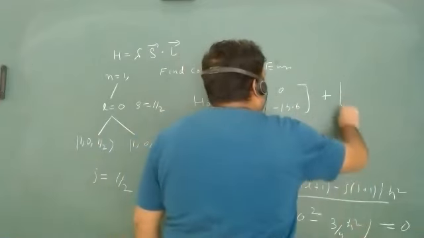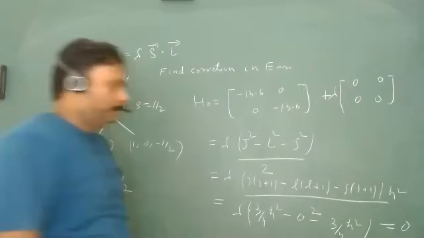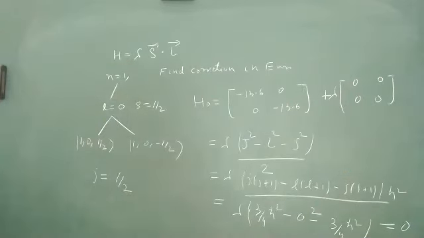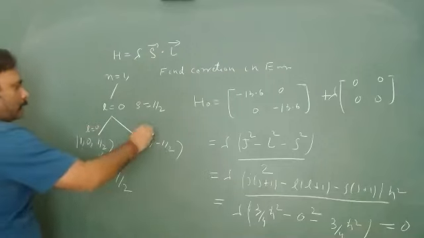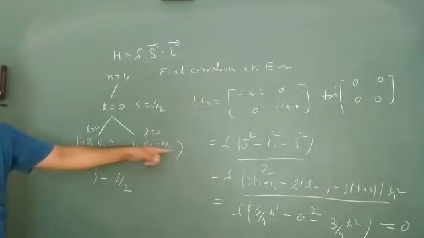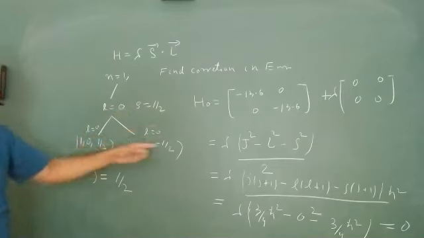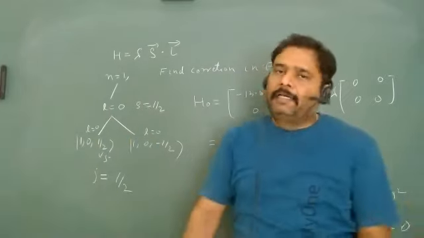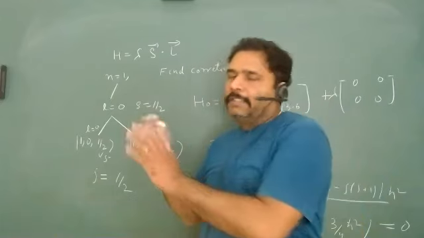So what you have is the H perturbation matrix as 0 0 0 0, isn't it? Because there is no other option, L is equal to 0 and S is equal to half for everything. So you do not have any correction in the ground state due to this coupling.